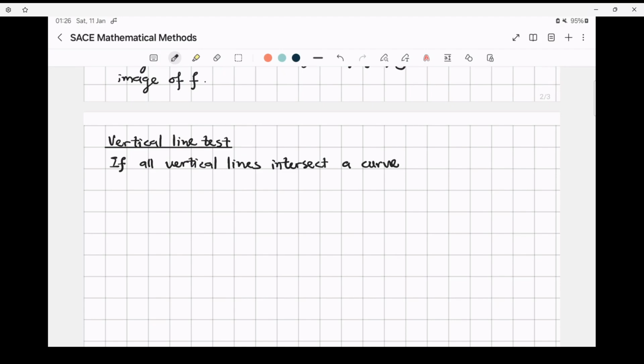So if all vertical lines intersect the curve at most once, then the curve y equals f(x) is a function.